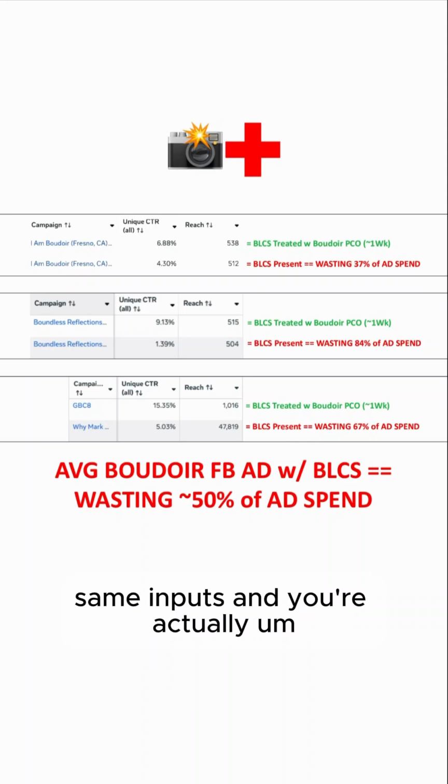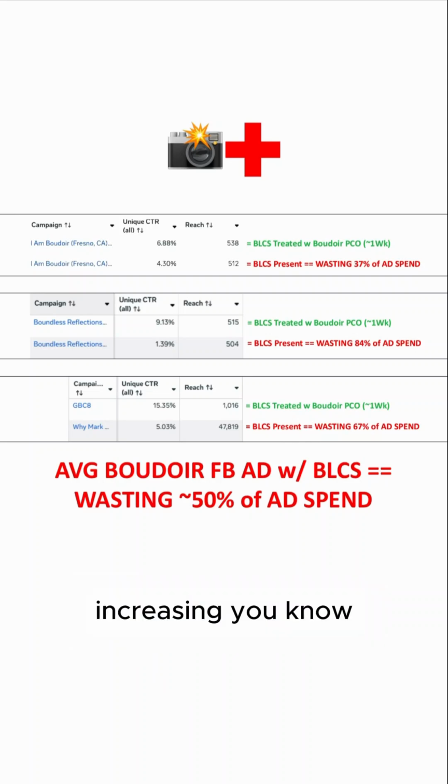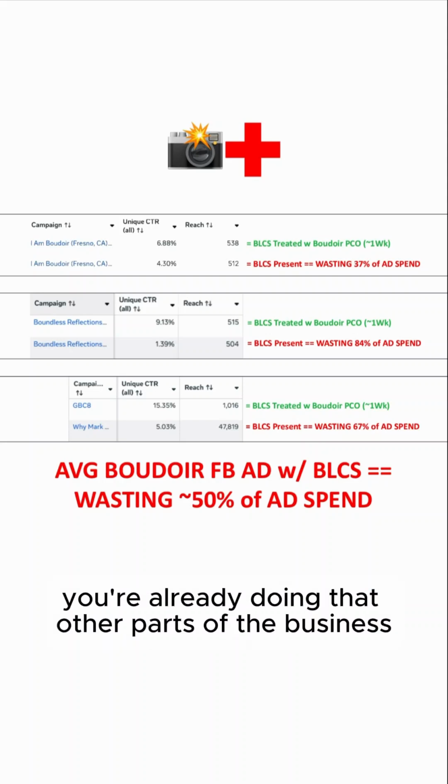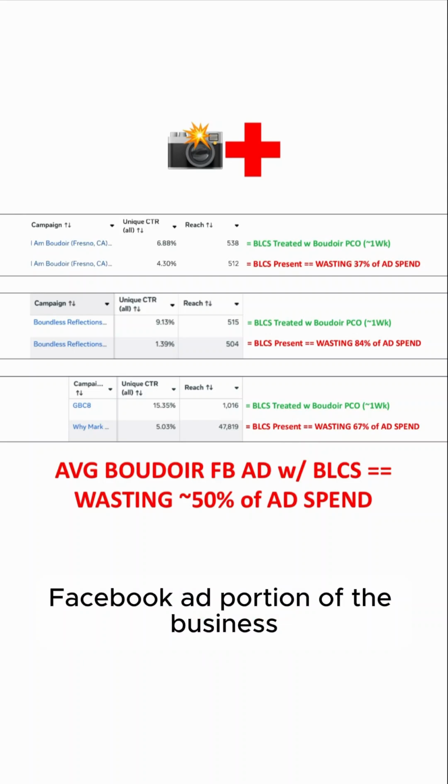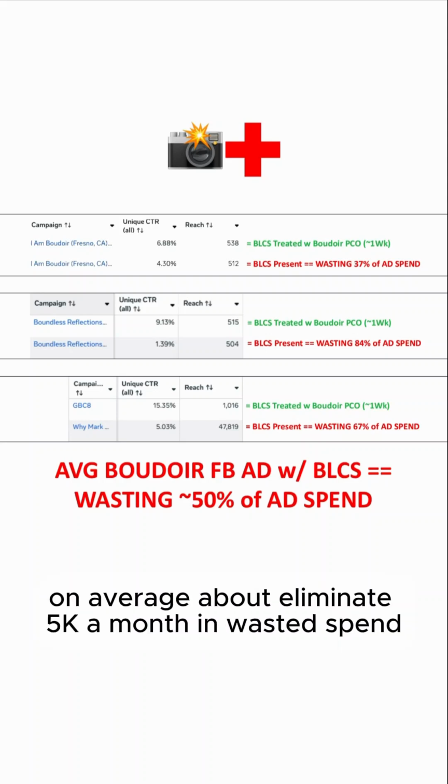And so you've been optimizing other parts of the business, pulling more profit out of the same inputs. You're already doing that in other parts of the business, and you decided you now want to do it with your Facebook ad portion of the business, because you've seen that Boudoir Pico can save, on average, 5K a month in wasted spend.